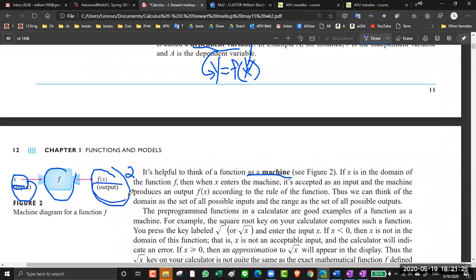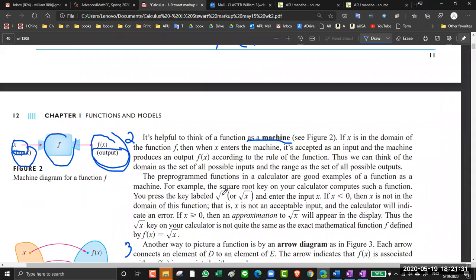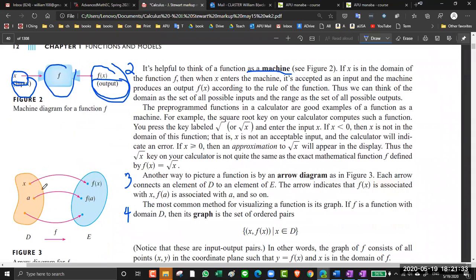That's another way to think about what a function is. And then we have this picture, which I just drew. They call it an arrow diagram. This says that x goes to f of x, a goes to f of a, and this goes to something.